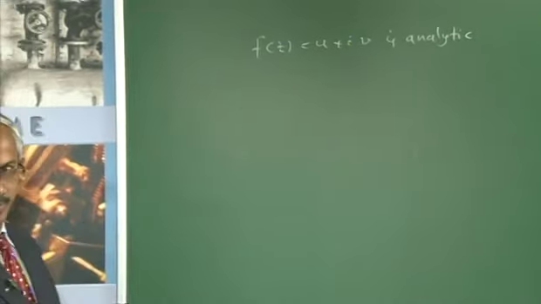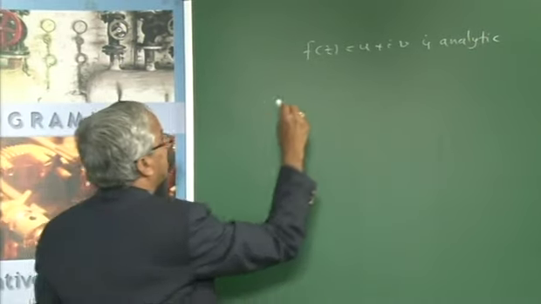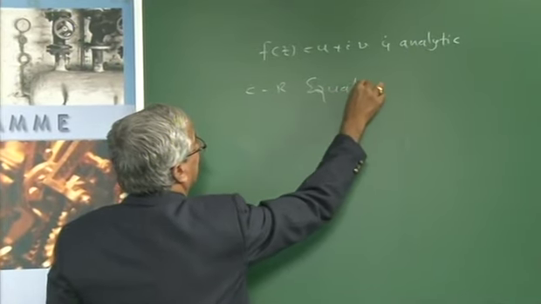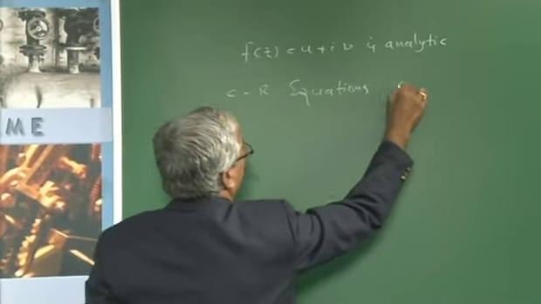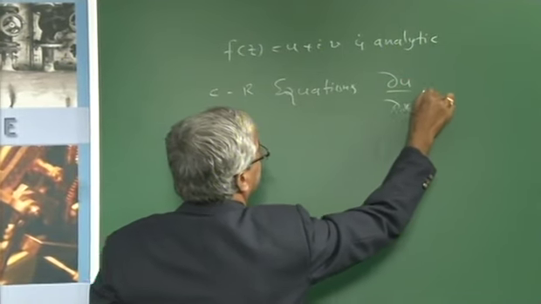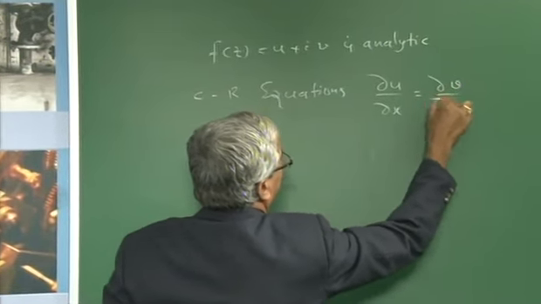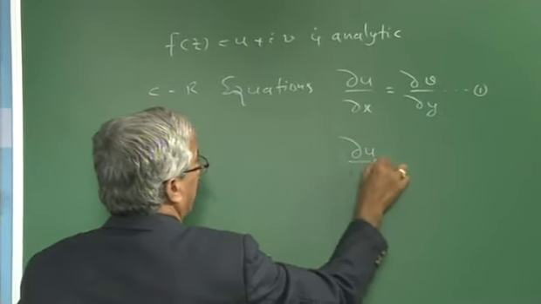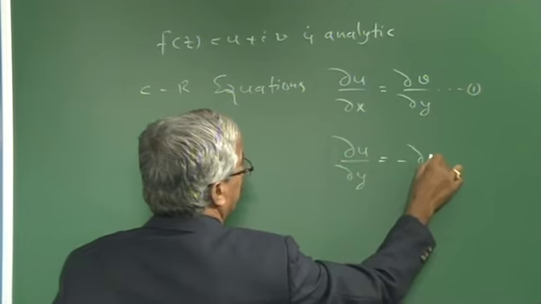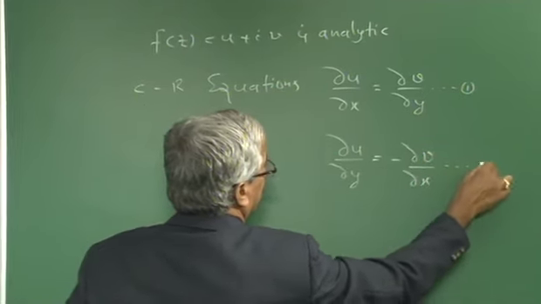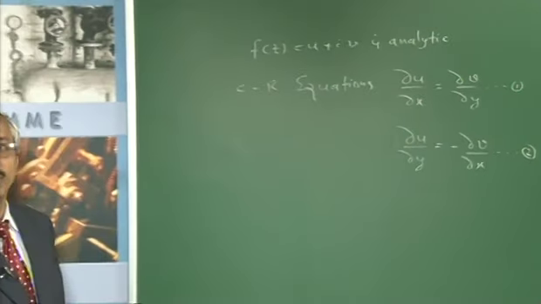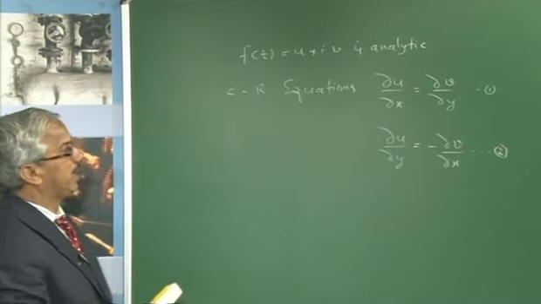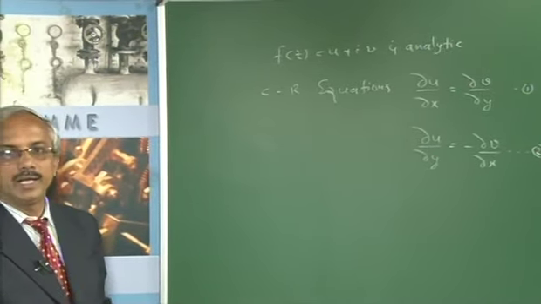If this f(z) is analytic, then we know that a necessary condition by the CR equations is ∂u/∂x = ∂v/∂y, which I call 1, and ∂u/∂y = -∂v/∂x, which I call 2.